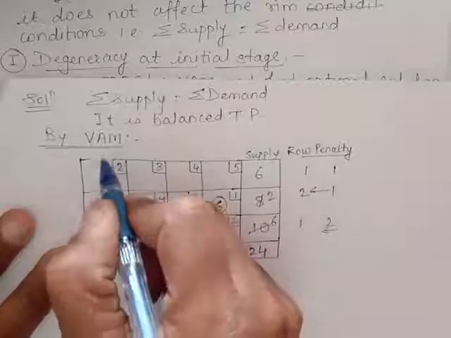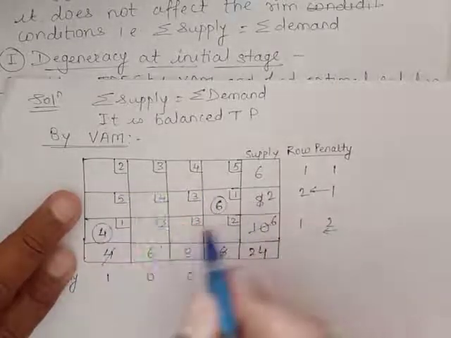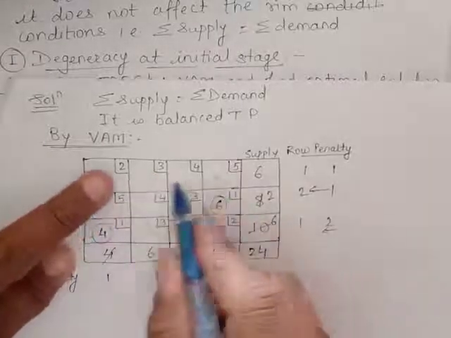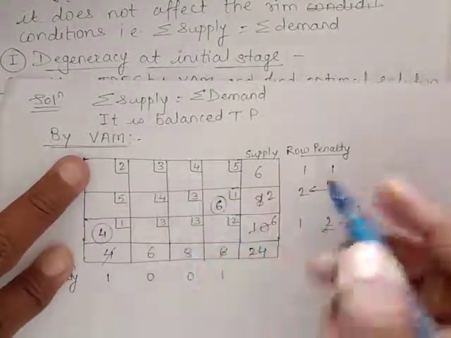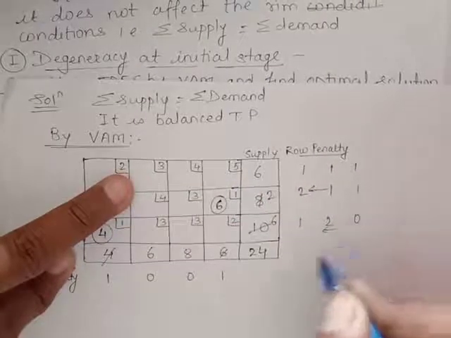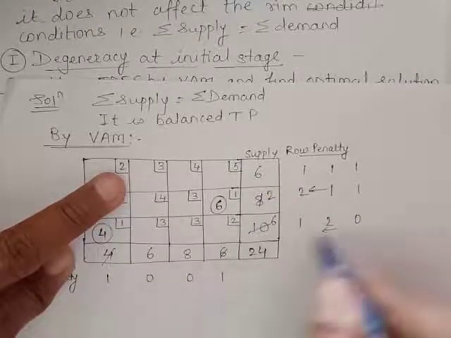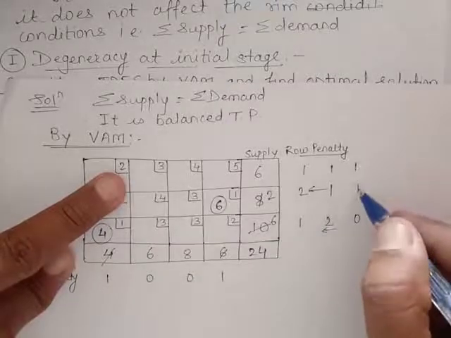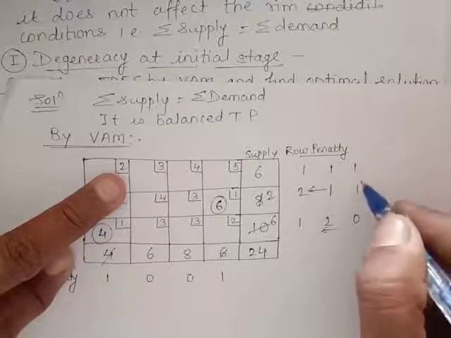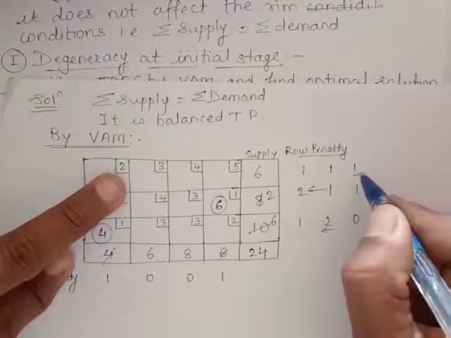Now as this column is satisfied, simply these 2 columns are left and all the rows are left. So let's determine the row penalty again. Here again 1 and here it will be 0. These are zeros and these are 1. So the next allocation will be in this row.